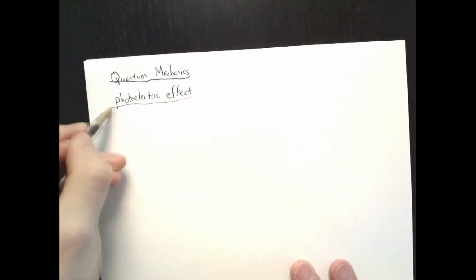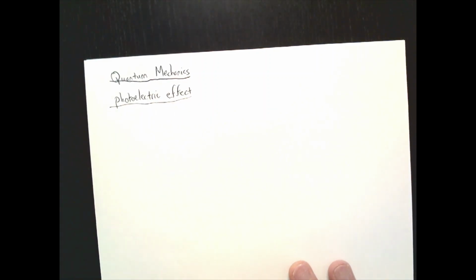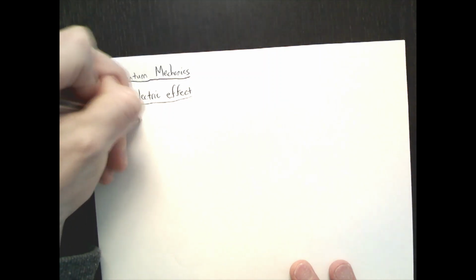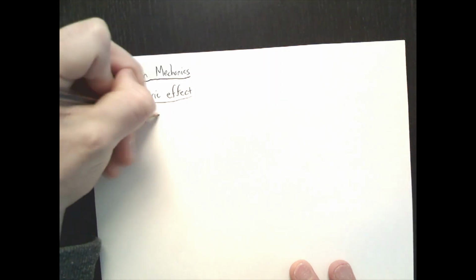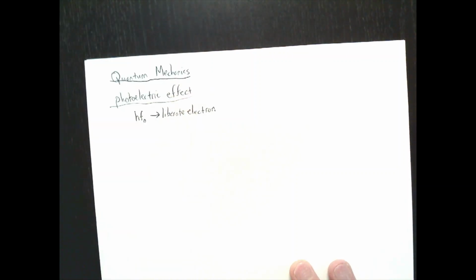We said that, once we reach a certain threshold frequency, hf0, we could liberate an electron. If we increase the frequency, we increase the energy of the photon, but we don't get more electrons released.